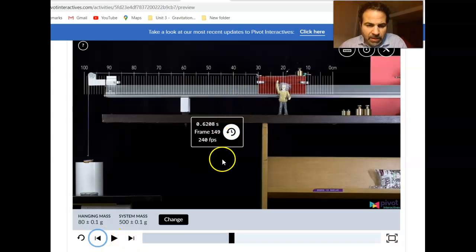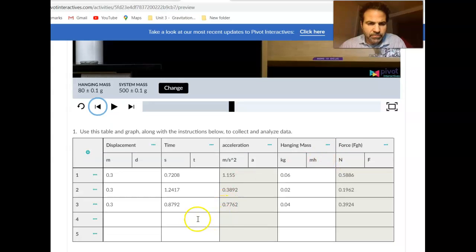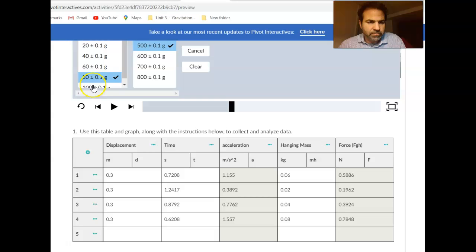All right, 0.6208. Notice the order doesn't matter, right? I didn't go from least to greatest in terms of the hanging masses. When you graph it, all the points go to the right spot, so it doesn't really matter. So this was 0.080, and there's one more.